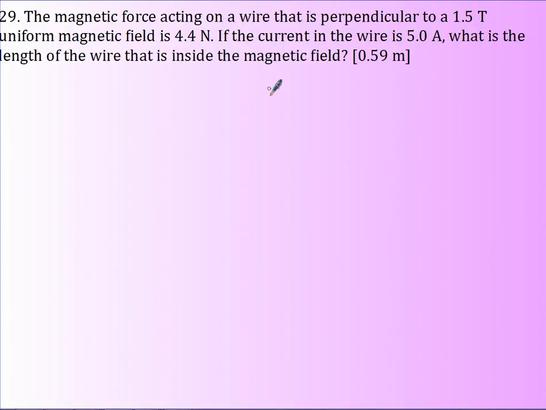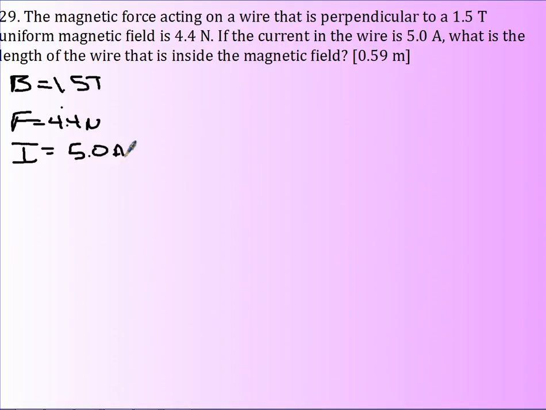Now, what if we have a wire? A magnetic force acting on a wire that is perpendicular to a 1.5 Tesla, so that's B. Whenever you see Teslas, you know it's magnetic field, is 4.4 newtons. That's my force. If the current in the wire is 5 amps, so I is 5.0 amps, what's the length of the wire? Now, we're not given directions, so we're not going to mess with them.